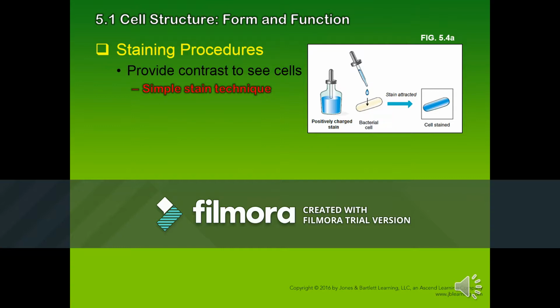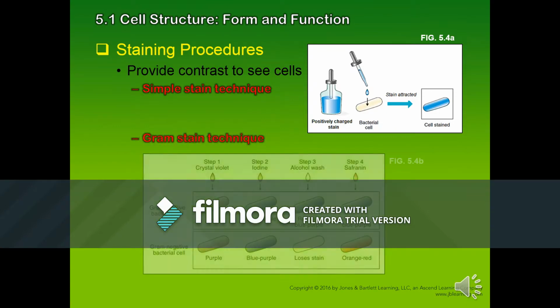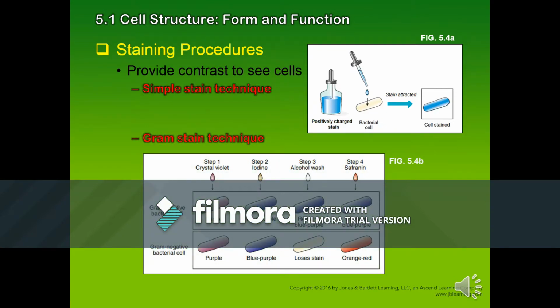In this case, they're just dyeing it blue, so methylene blue might work, and you can use anything, but again, you can see that we've increased the contrast because we can see that blue cell on top of the slide. Okay. Now we can also have differential staining techniques, and the Gram stain is the most popular of these.